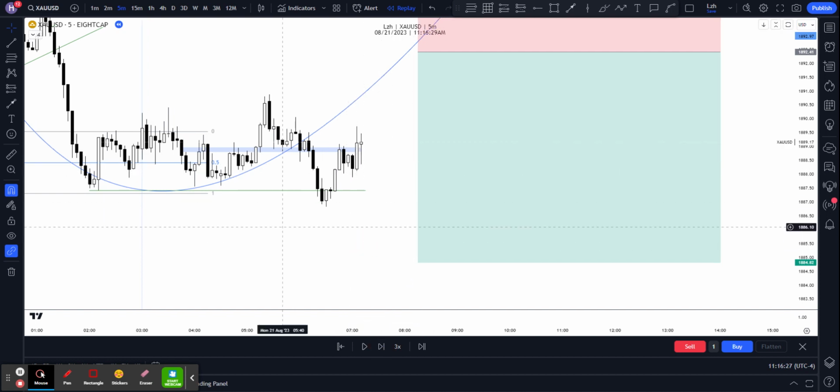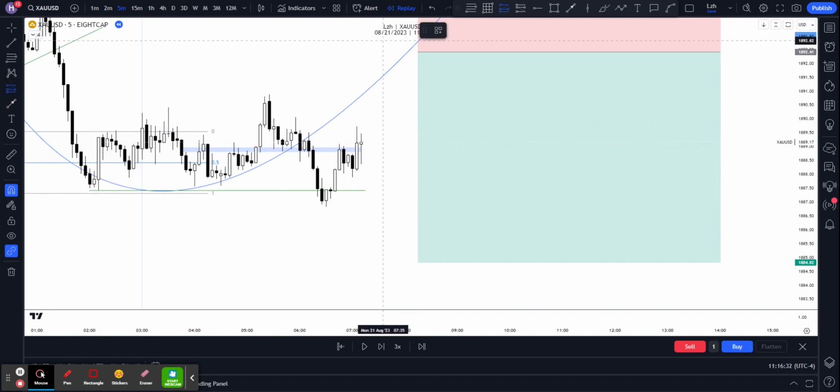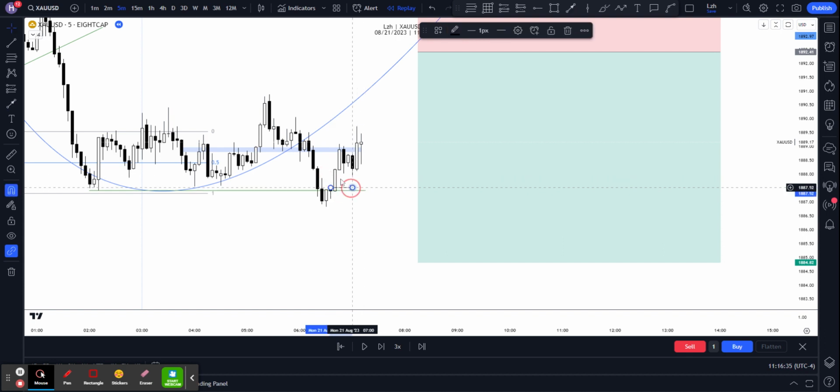We can see that this is the first break, followed by the second break here. What we're gonna do here is that this time is right now 7:10, which is when the New York time zone just started basically.